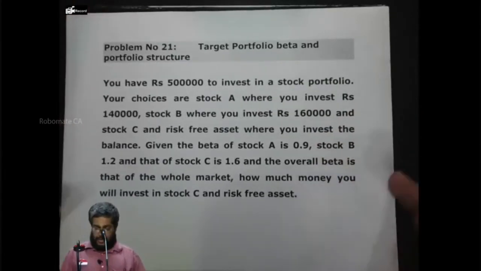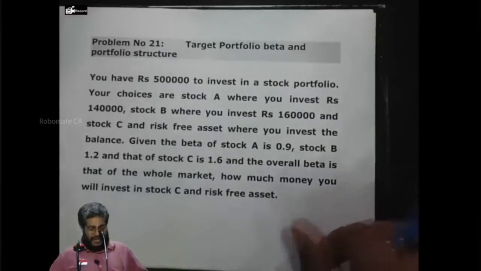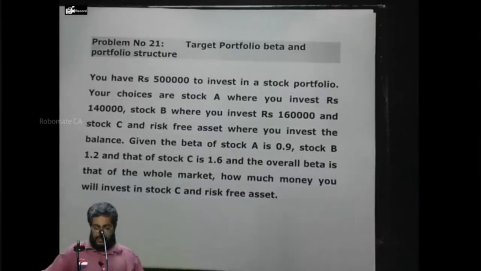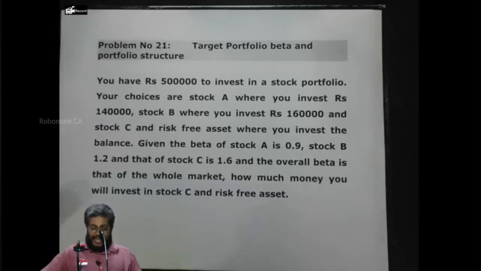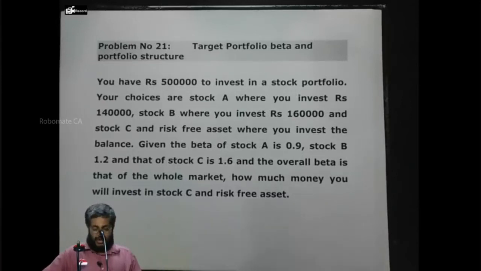Now, you have 5 lakhs to invest in a stock portfolio. Your choices are stock A, where you invest 1 lakh 40, stock B, where you invest 1 lakh 60, and stock C and risk-free asset, where you invest the balance. Given the beta of stock A 0.9, stock B 1.2 and stock C 1.6, and overall beta is that of the whole market, how much money will you invest in stock C and risk-free asset?